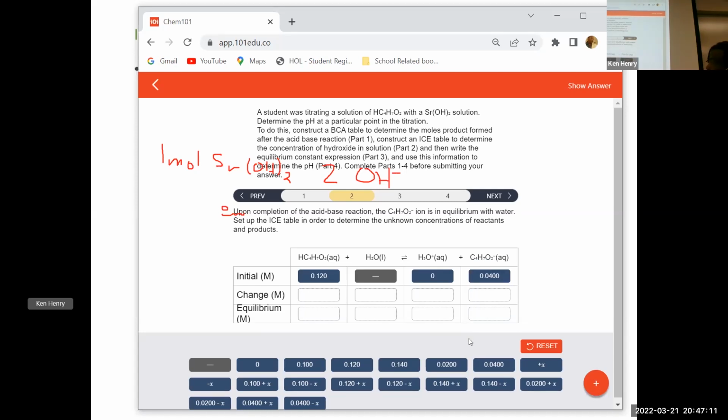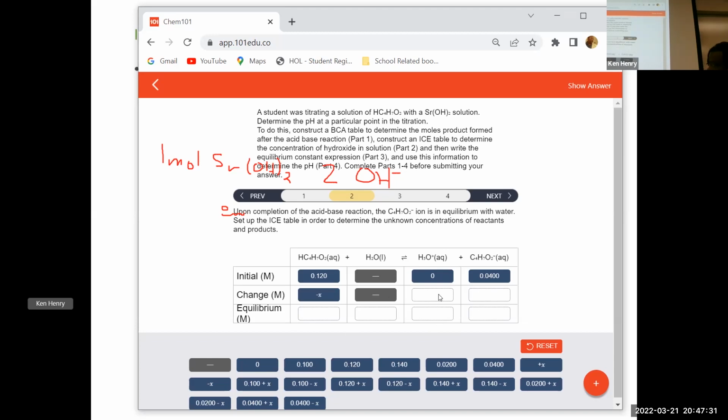Okay, so our change, this one is negative X. Okay, and we have nothing going on with the water.